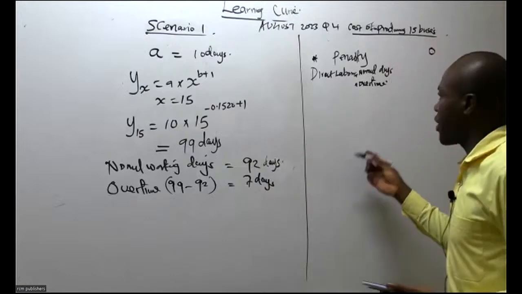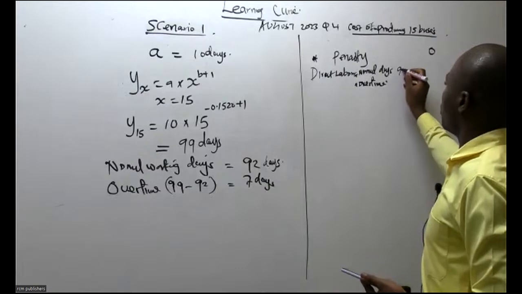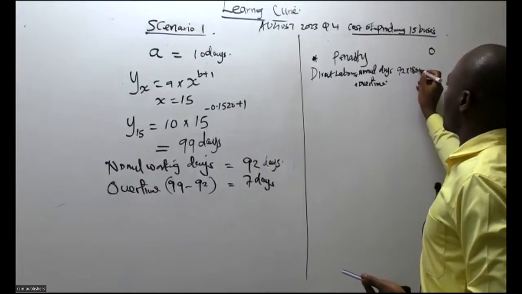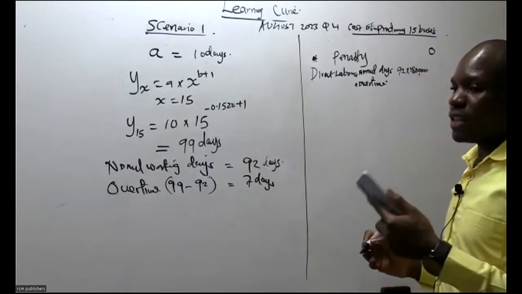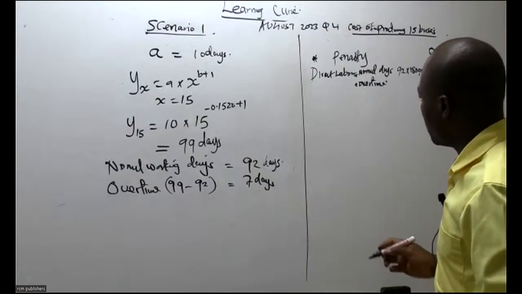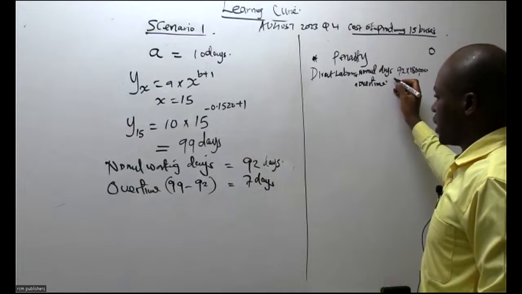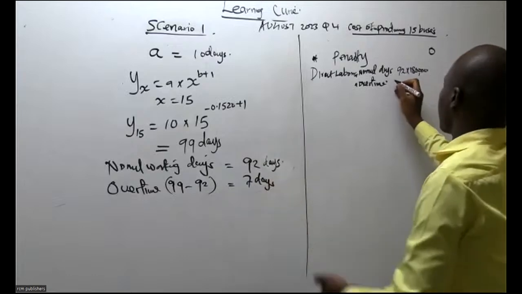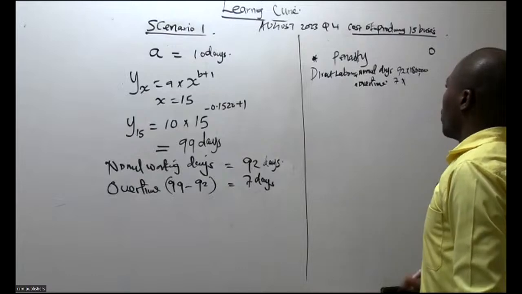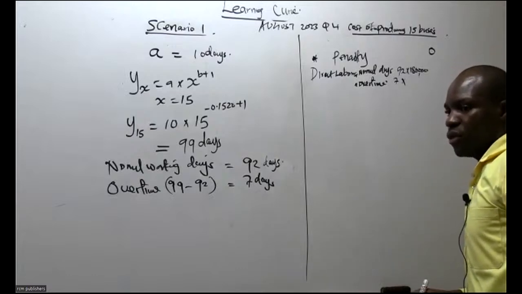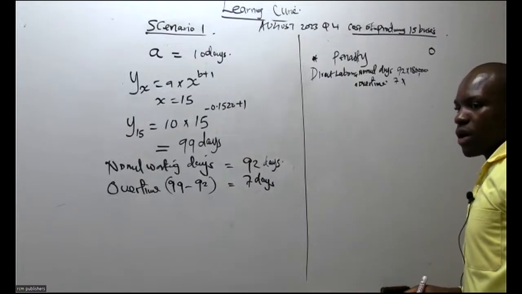And what is the normal rate? It is going to be 92 by 180,000. The overtime worked by these employees will be paid at double the normal rate, and the overtime days is 7. So what will be the rate? The overtime rate itakuwa ngapi?